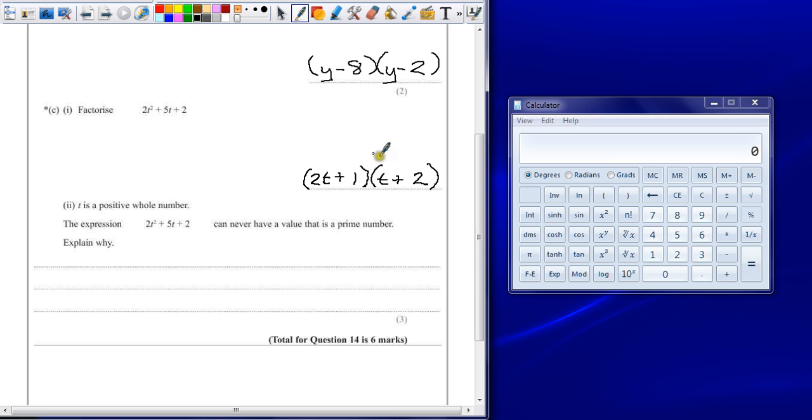It creates two different factors, and therefore it cannot be a prime number. So explaining that is basically just due to the fact that prime numbers only have themselves and 1 as factors.